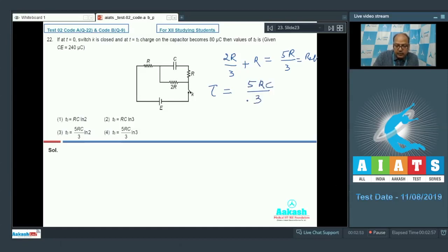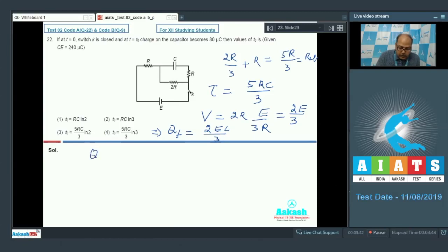5RC by 3. Also, the final potential difference across the capacitor will be 2R times E by 3R, or 2E by 3, which means the final charge is 2EC by 3.